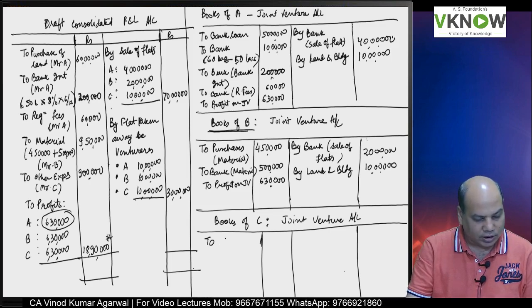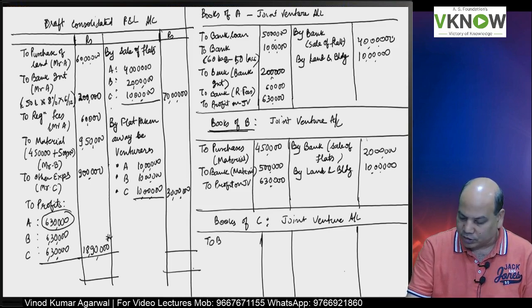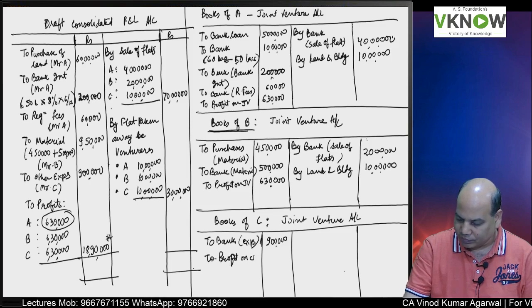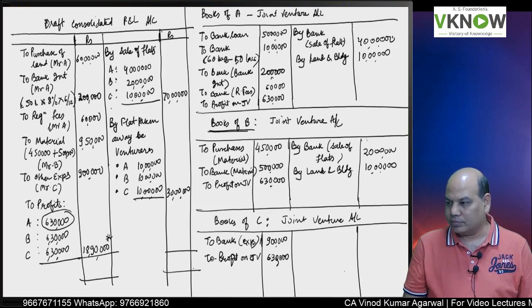C has incurred expenses on behalf of the joint venture, to bank 9 lakh expenses incurred, and to profit on JV his share in the profit is 6 lakh 30,000.